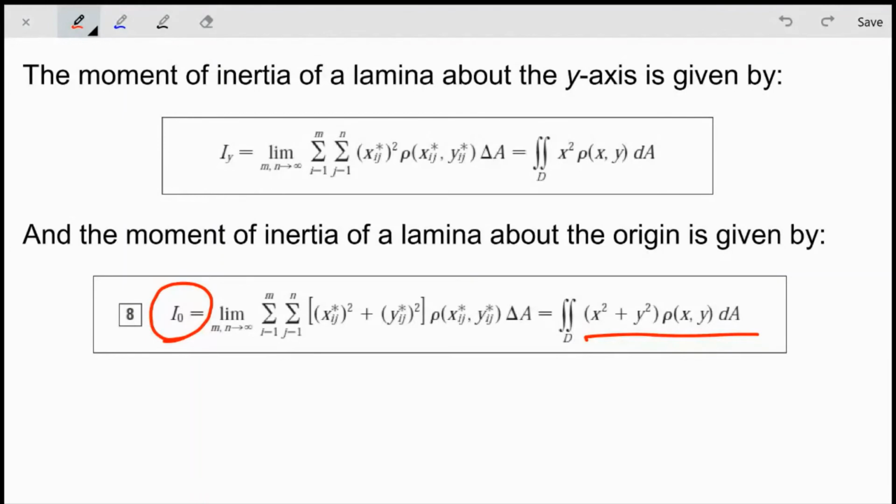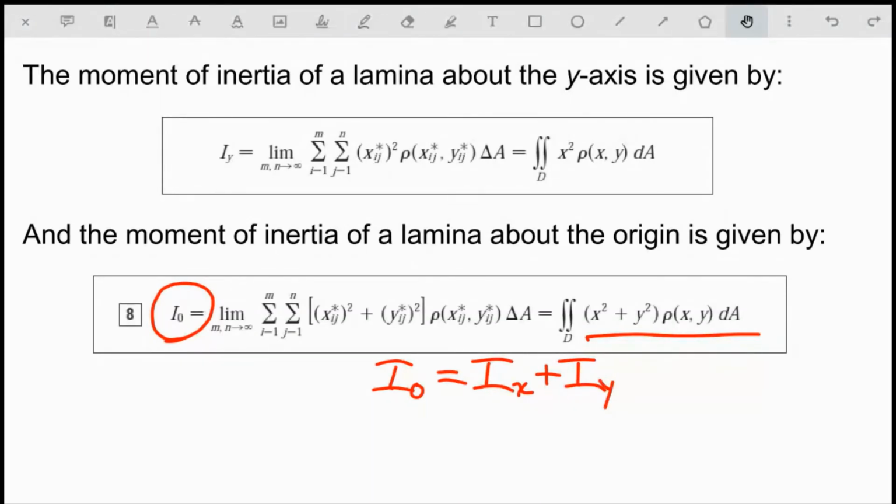The x squared is multiplied to the rho, the y squared is multiplied to the rho. It turns out our moment of inertia about the origin is just the x moment of inertia plus the y moment of inertia. We'll typically just look for the x and the y, but sometimes we're going to want the moment of inertia about the origin as well.